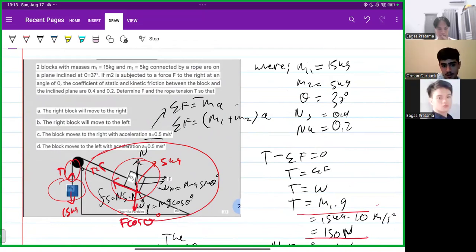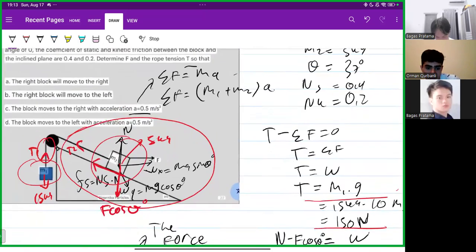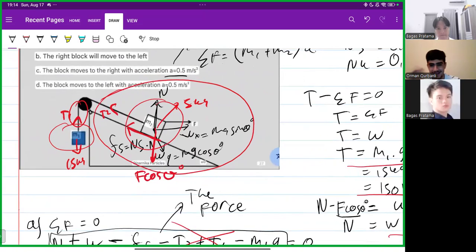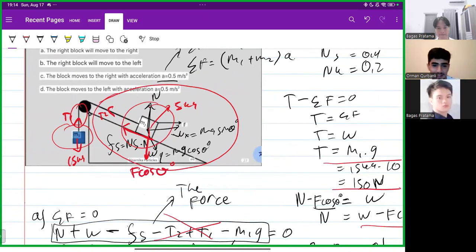This M2 mass is going upwards because this M1 mass is pulling down this luggage. Basically. Well, it's not a question, it's just a statement.